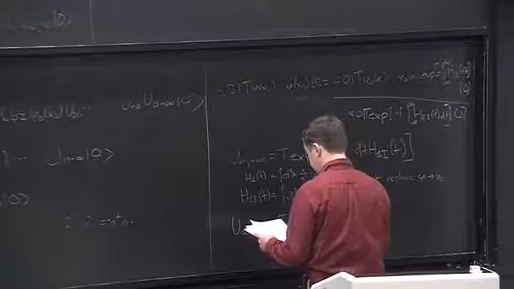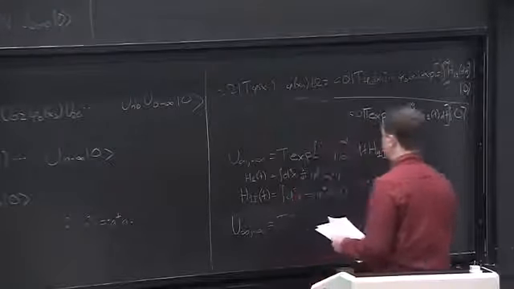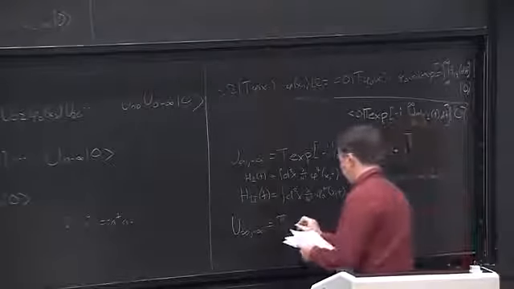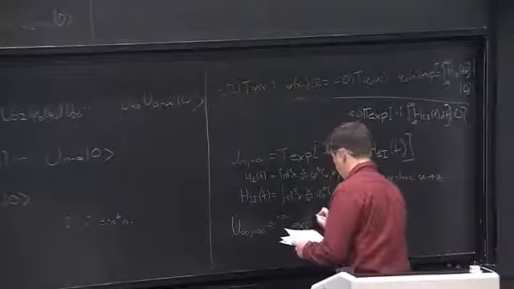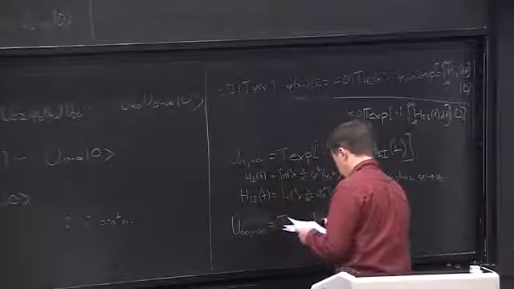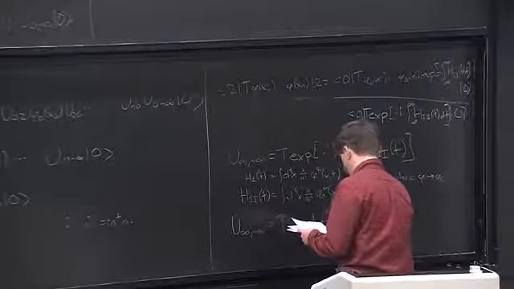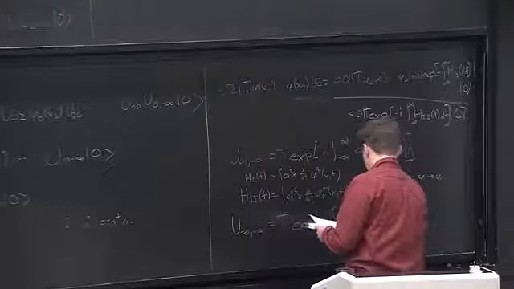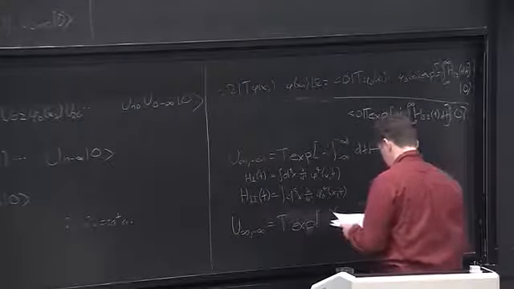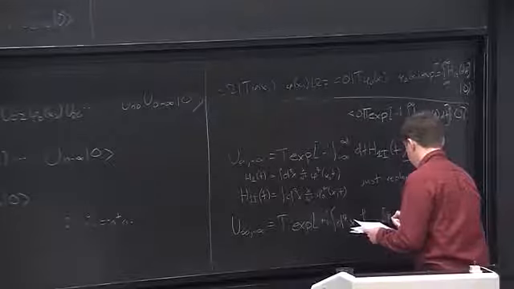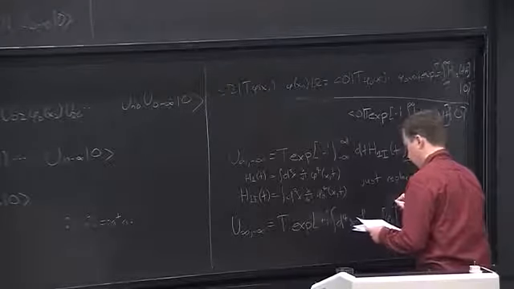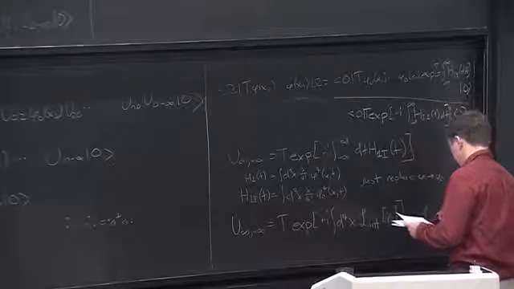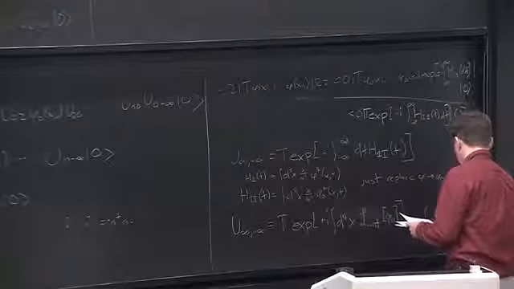And so a simpler way to write this time evolution operator is as an integral over the interaction Lagrangian as a function of free fields, where L int is L minus L naught.